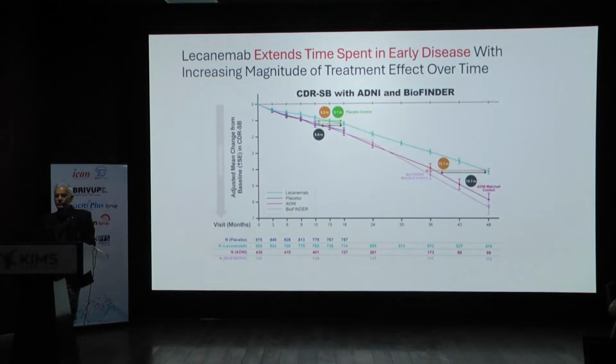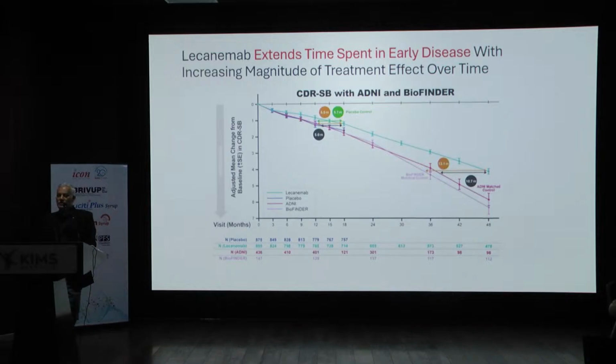They took that group as a comparator and continued lecanemab for a longer duration. This also showed a significant difference at the end of 42 to 48 months, almost a 4-year study.